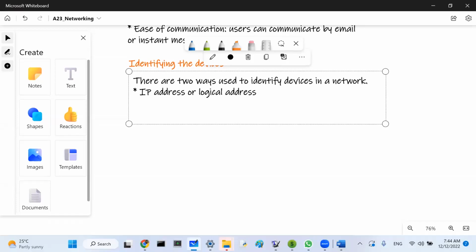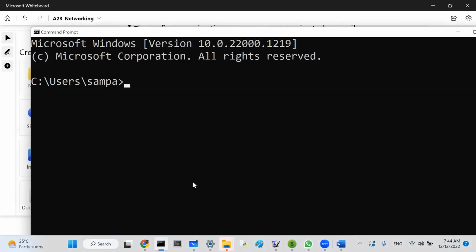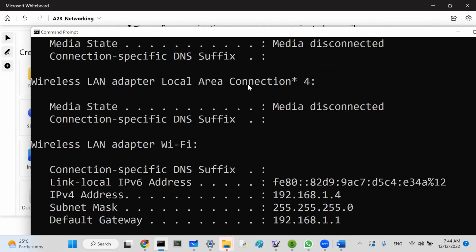Now, for example, if you take a command line interface and type a command like ipconfig, this will give you an address when you're in a network, right? So this is the IP address of my computer, 192.168.1.4, which we call the IP address.